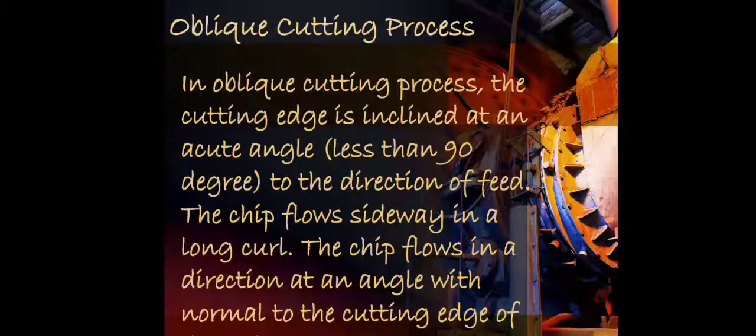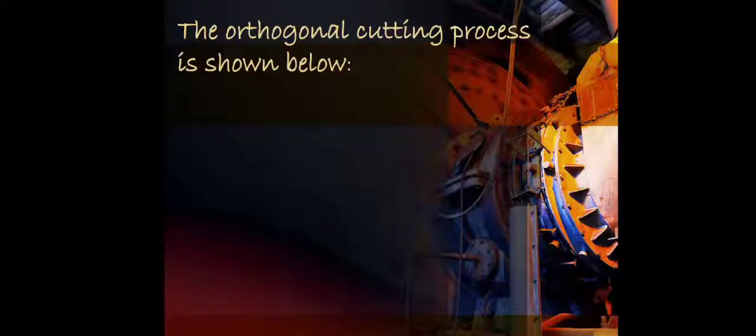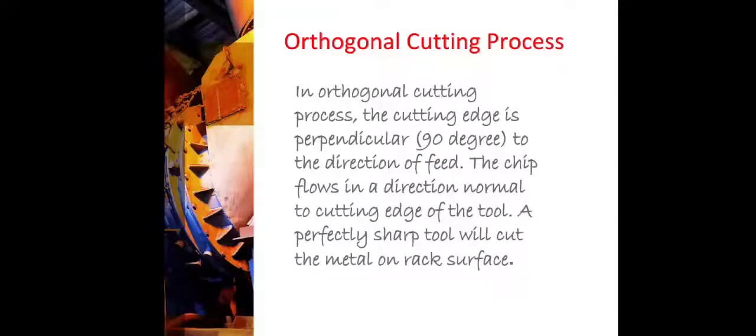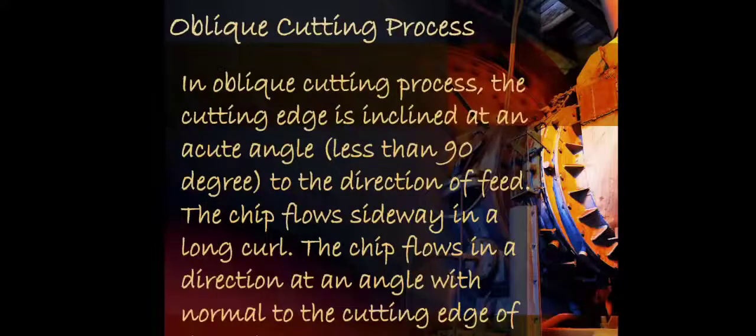Next is the oblique cutting process. In the oblique cutting process, the cutting edge is inclined at an acute angle, so less than 90 degrees. When we talk about orthogonal, it is perpendicular, using 90 degrees to the direction of feed, while oblique is less than 90 degrees to the direction of feed.